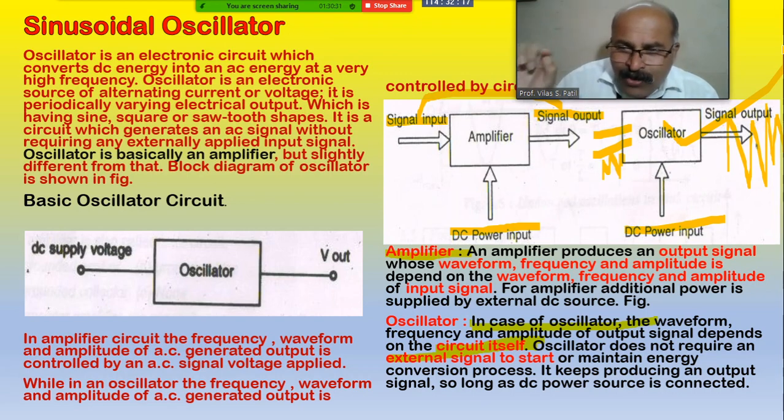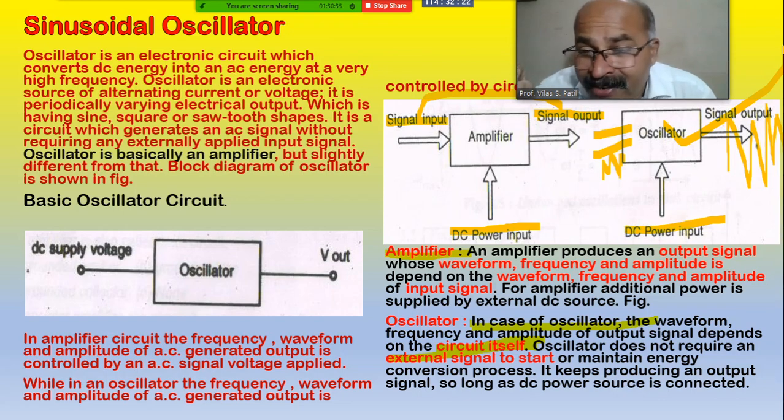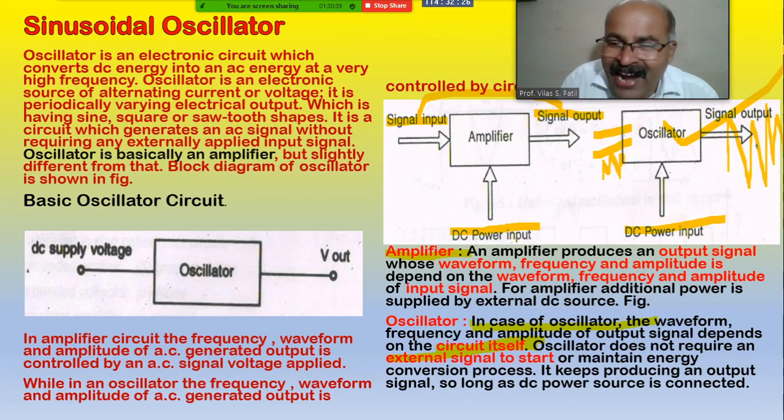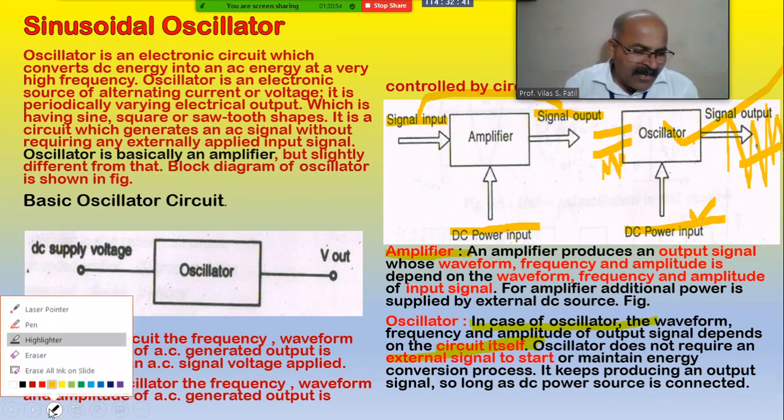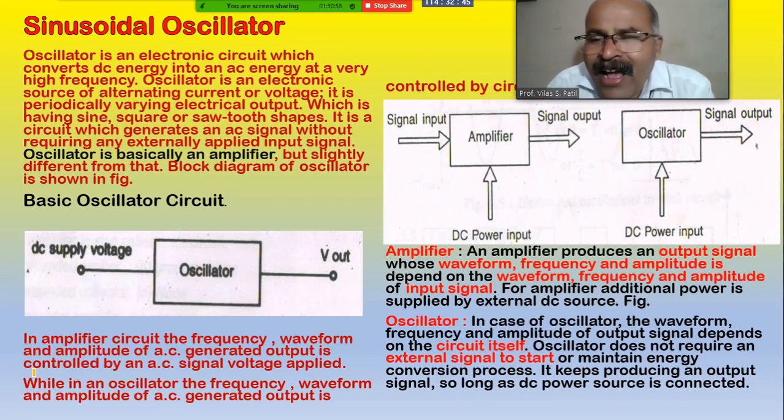Also it keeps producing the output signal when the input DC power is on. Means that when the DC power in case of the oscillator is on, then it will produce the output. This is the basic difference between oscillator and amplifier.